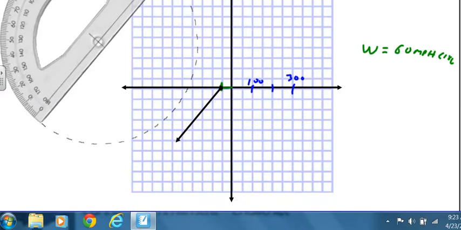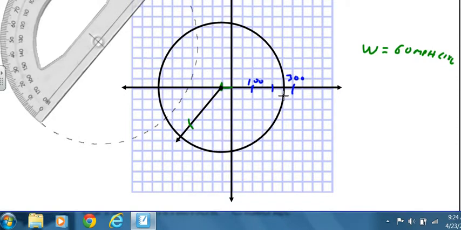Okay. 100, 200, 300. That's about right there. 100, 200, 300. Let's go in and put a circle here. Okay, so there's 100, there's 200, there's 300.